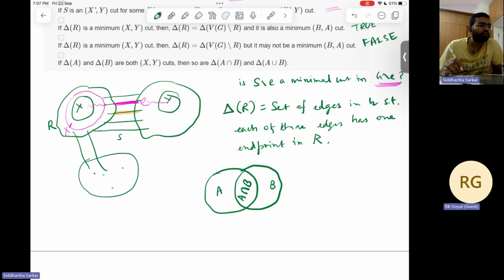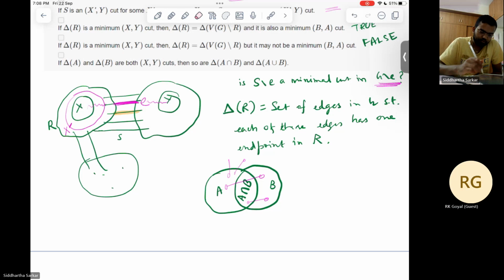So now it's saying that delta A, the edges out of A, is sufficient. This is required.